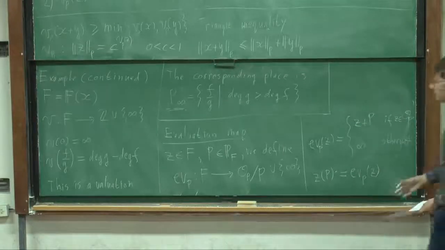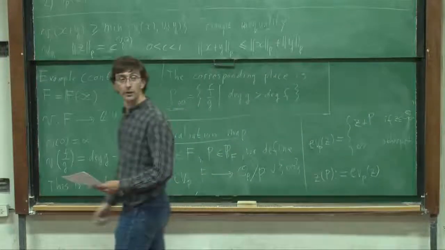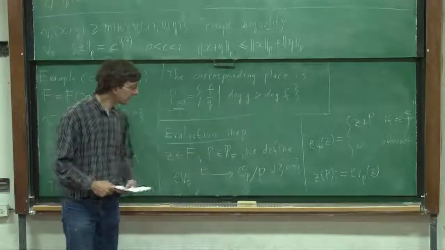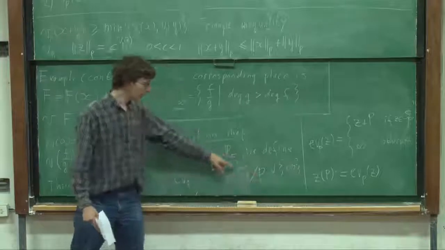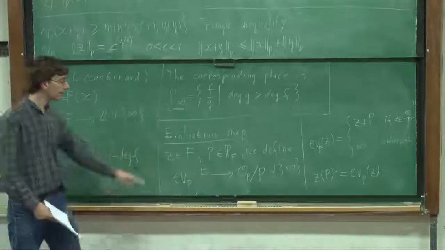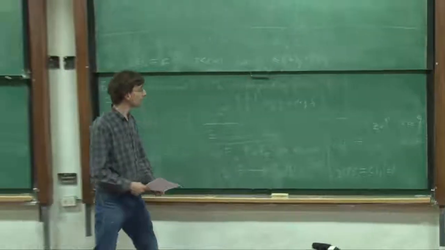So the functions we really can evaluate, but we end up in a slightly different field than you would expect. You end up in this field. So let us give this field a name.